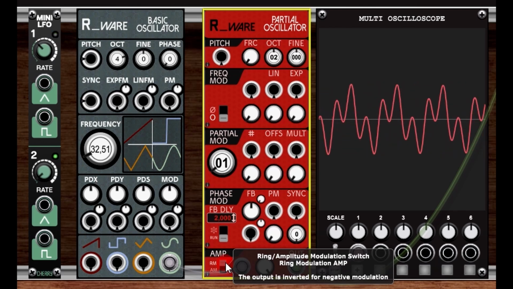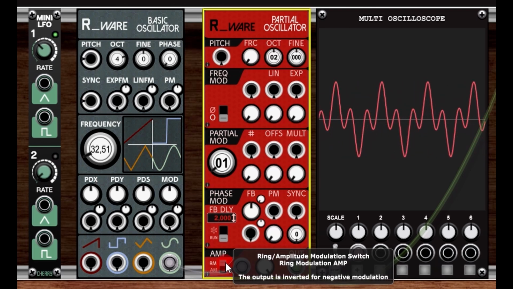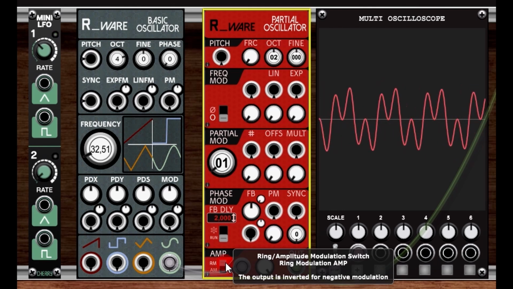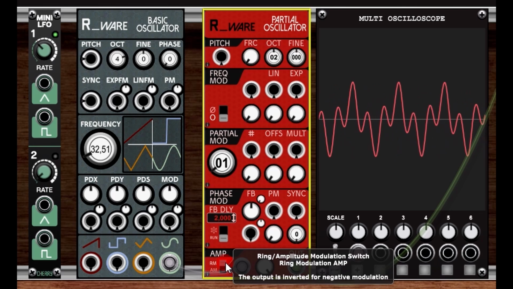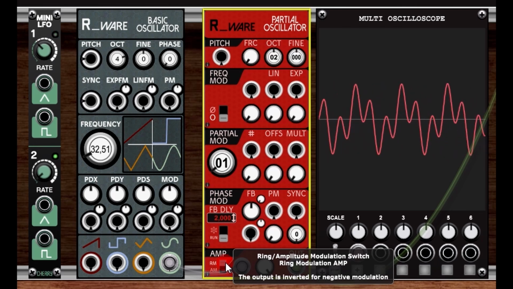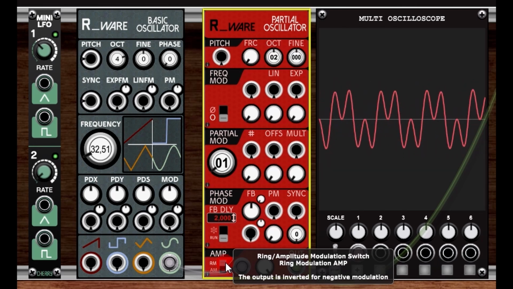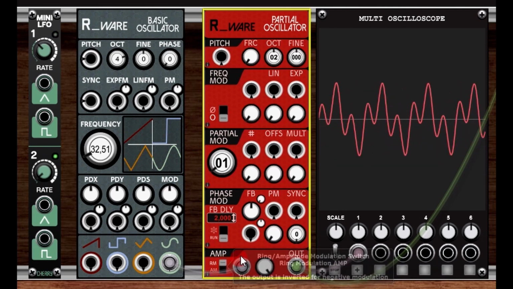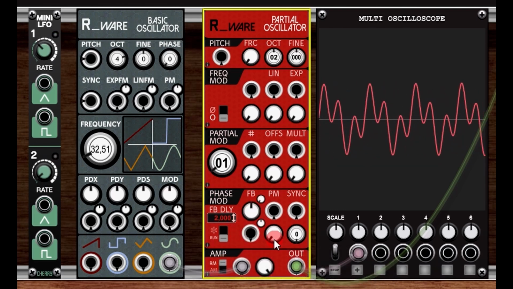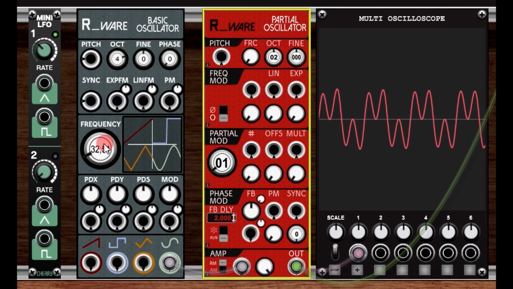Let me adjust different frequency relations between modulator and modulated oscillator to demonstrate a few of the differences between amplitude modulation and ring modulation. Please notice the typical bell-like sounds which we can get with ring modulation.